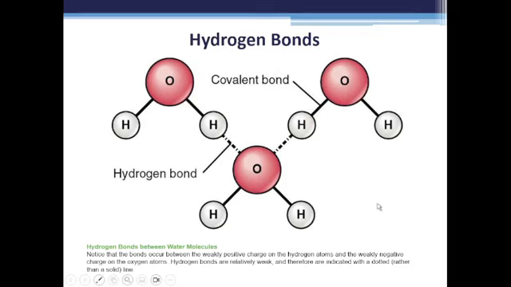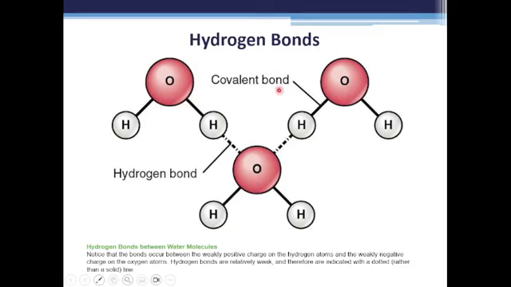Hydrogen bonds occur when a hydrogen atom is already involved in a polar covalent bond and is attracted to a slightly negative atom nearby, such as oxygen.